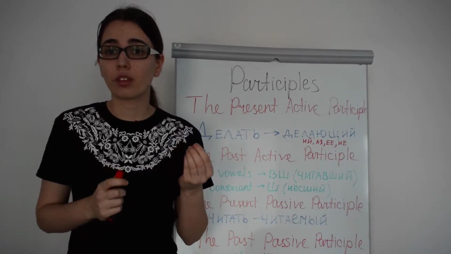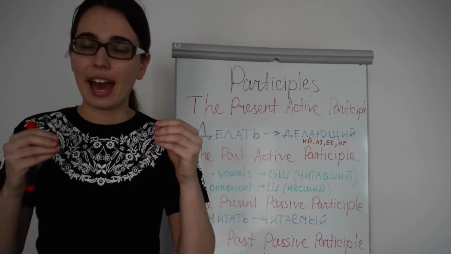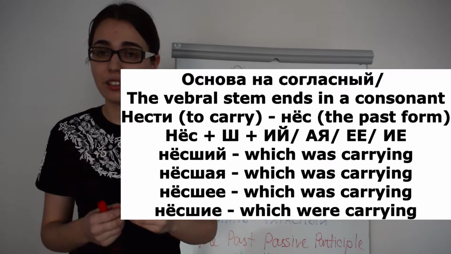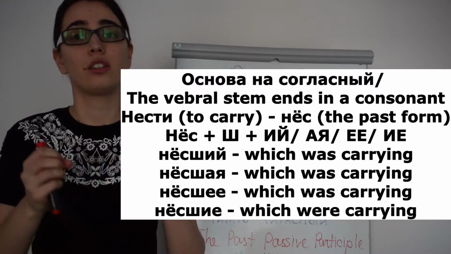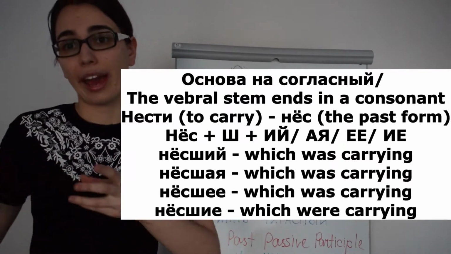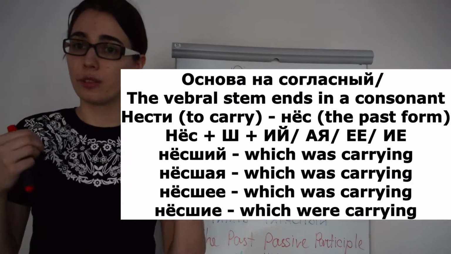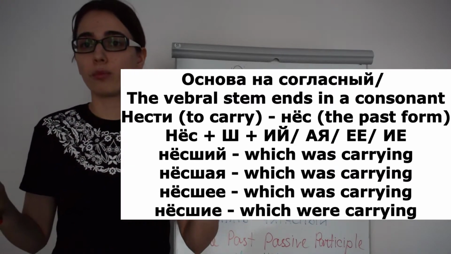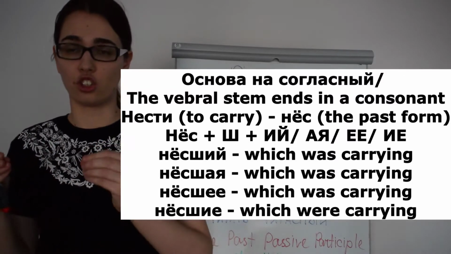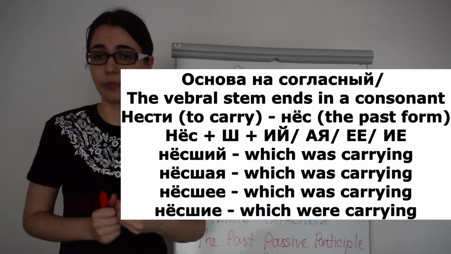And if the verbal stem ends on a consonant, then we need to add only ш. For example, нести, to carry. In the past, it will be нёс. Then we form the past participle, несший: нёс plus ш and plus the adjective agreement ending.